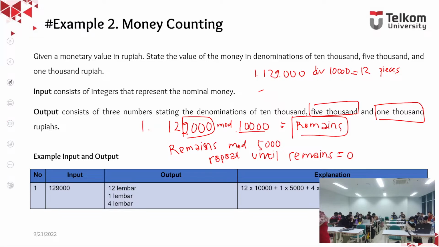This is to calculate the remaining values. Next, the remaining value will be used to divide again with 5,000. From this operation, what is the remaining? 9,000, right? 9,000 divided by 5,000 is 1.